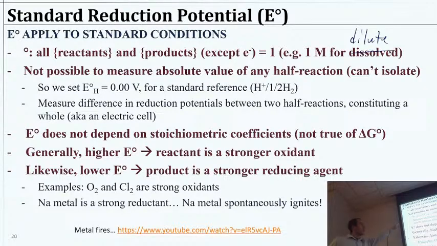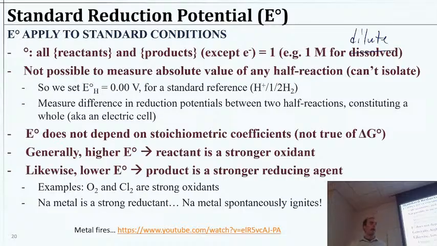Okay, already covered why we define the hydrogen half reaction as we do. The standard electrical potential doesn't actually depend directly on the stoichiometric coefficients, whereas our Gibbs free energy does. So it's a little different there, but otherwise it's a pretty similar setup.